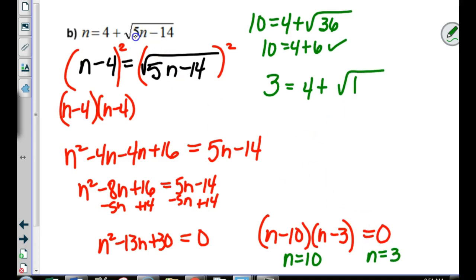If I put a 3 in, because you can't add to a 4, the square root is always positive. So if I put a 3 in here, I get 15 minus 14 is 1. Is 3 equal 4 plus 1? No. So this is extraneous. So 10 is the only solution that checks.